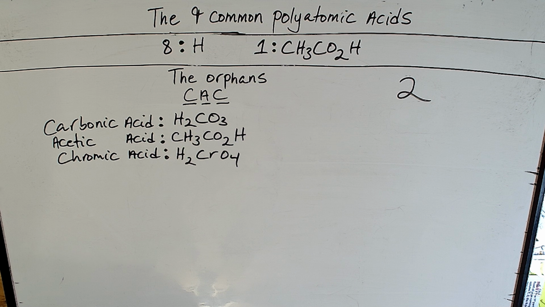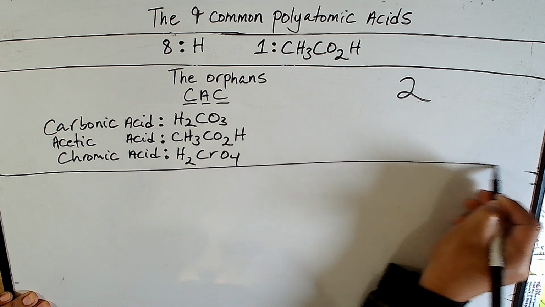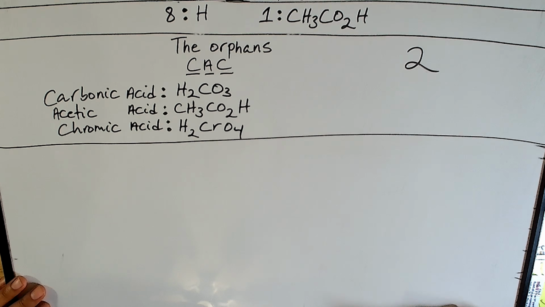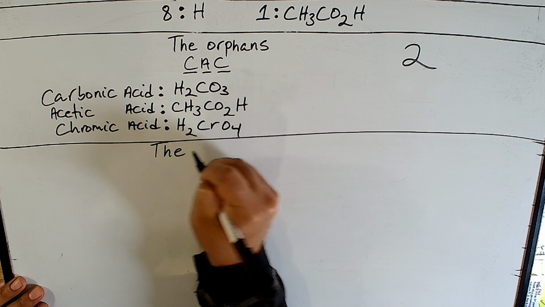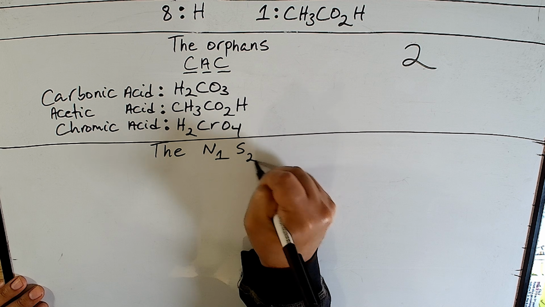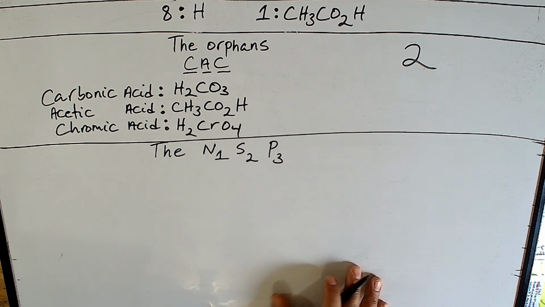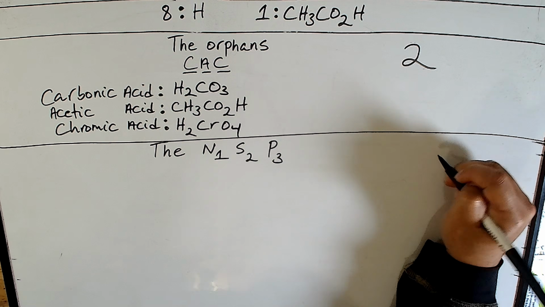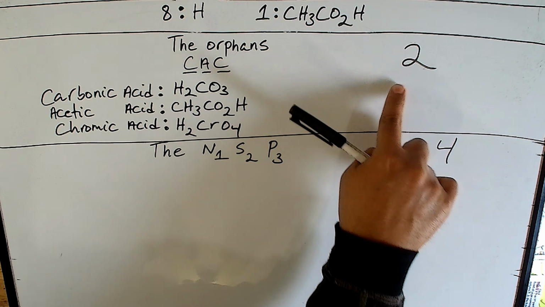Next, we have the family that I call the NSP123. And this family consists of a family of 4. Again, I'm going to expand on that later.